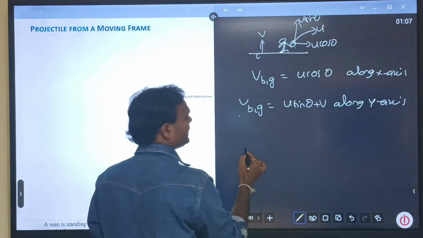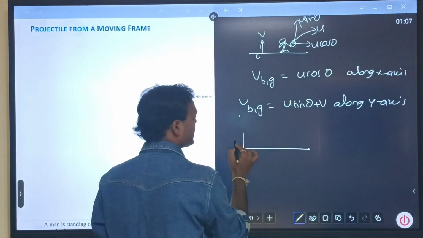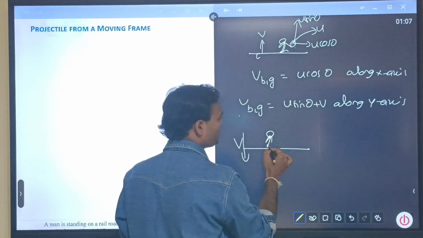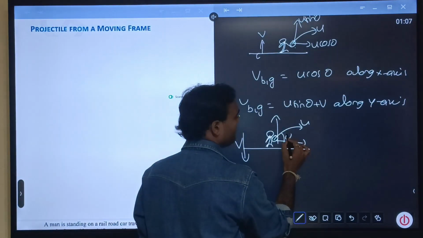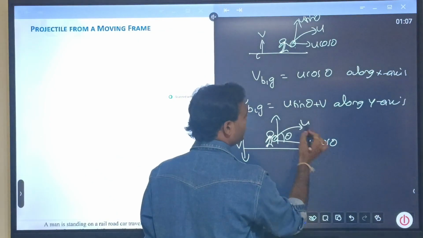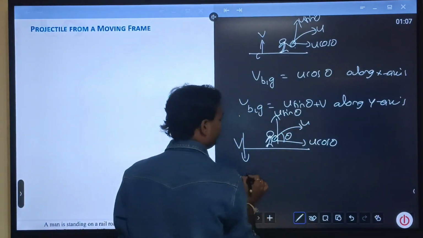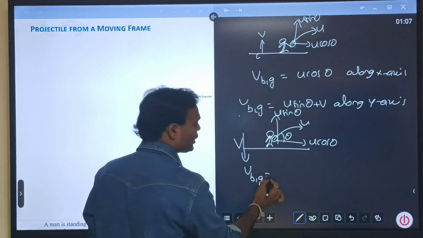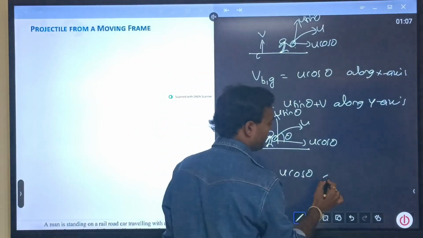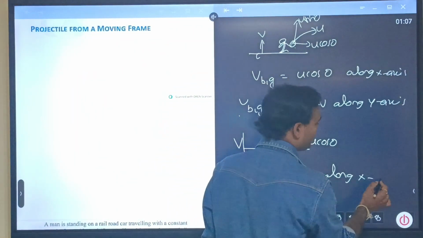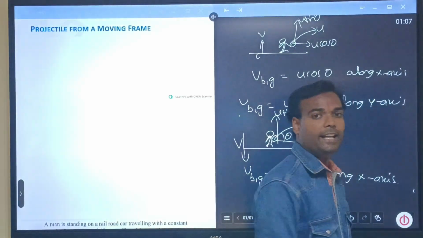Now similarly, if trolley is moving in the downward direction with the velocity v, and he is throwing with the velocity of u with respect to trolley at an angle, u cos theta, u sin theta, then velocity of ball with respect to ground is u cos theta along the x-axis, because the trolley is moving only along the y-axis.